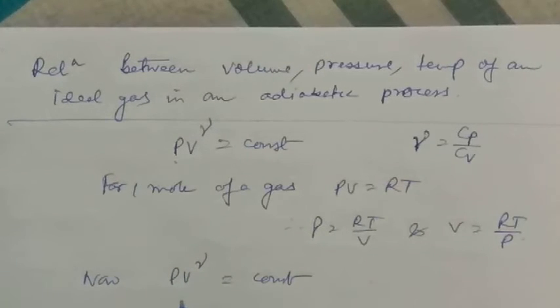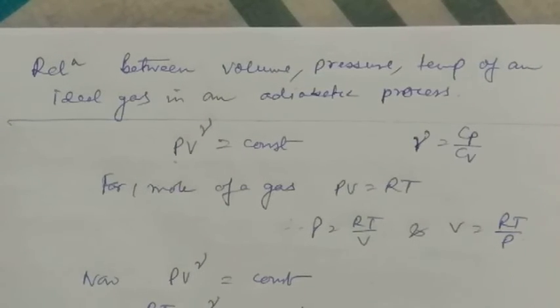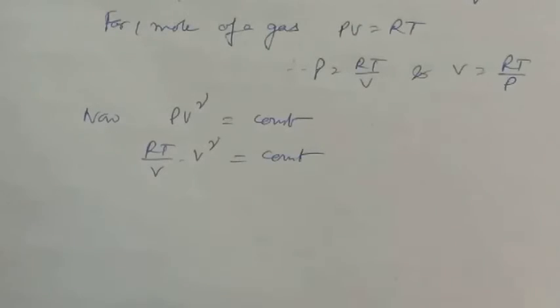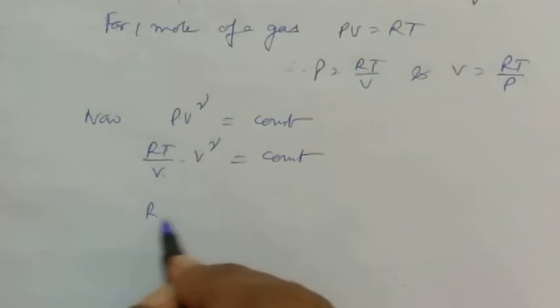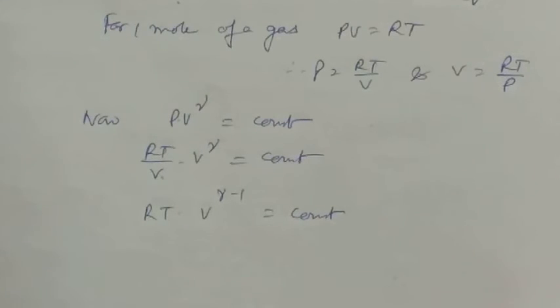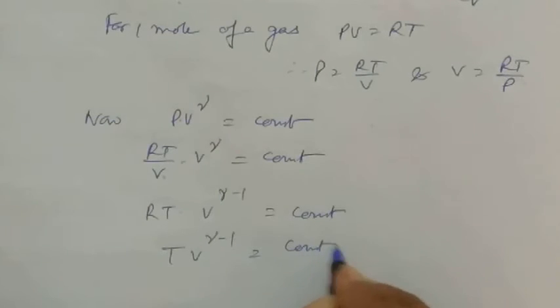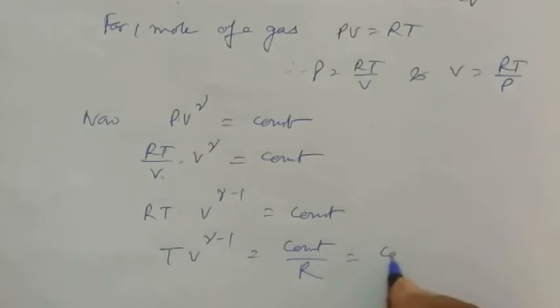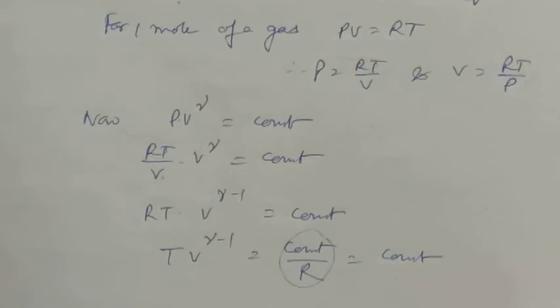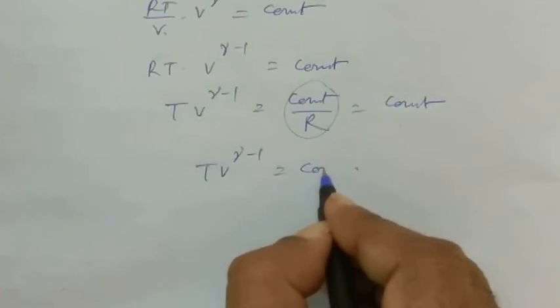And instead of P, we can write RT by V. RT by V, V to the power gamma is equal to constant. Replace the value of P here. So RT V to the power gamma minus 1 is equal to constant. From this we can write T V to the power gamma minus 1 is equal to constant by R, which is going to be another constant because R is also constant. These two are constant terms. So the final thing we can write here is T V to the power gamma minus 1 is equal to constant.